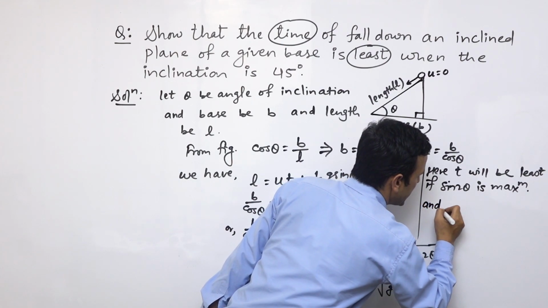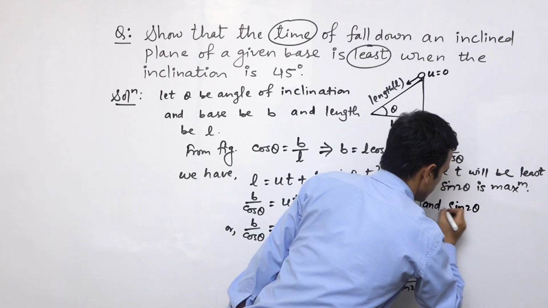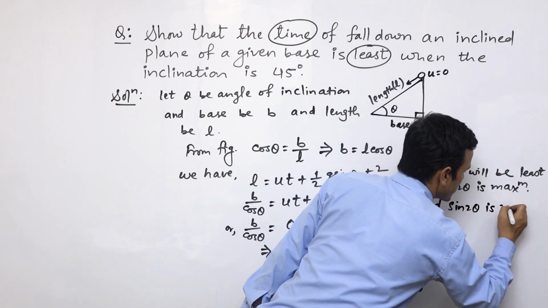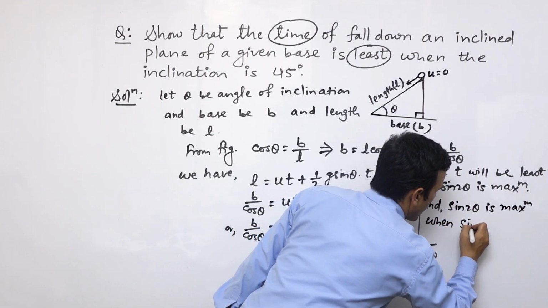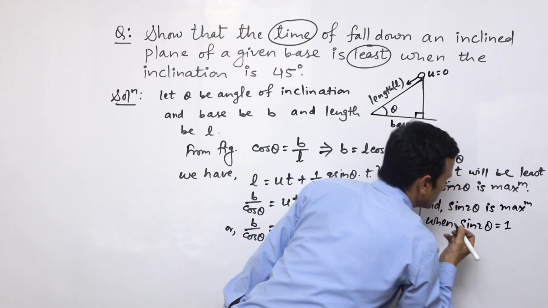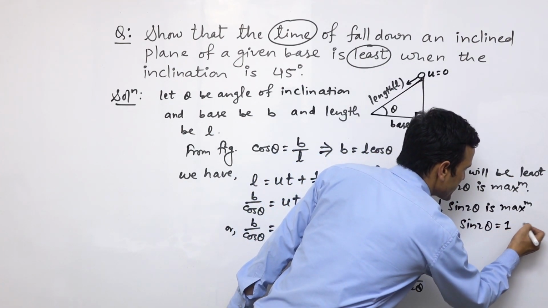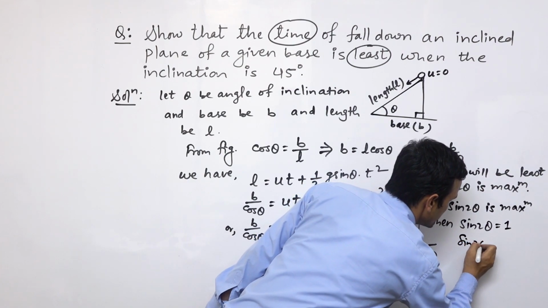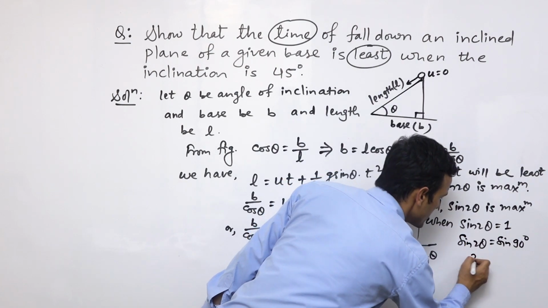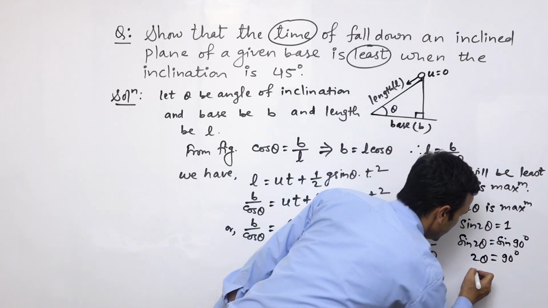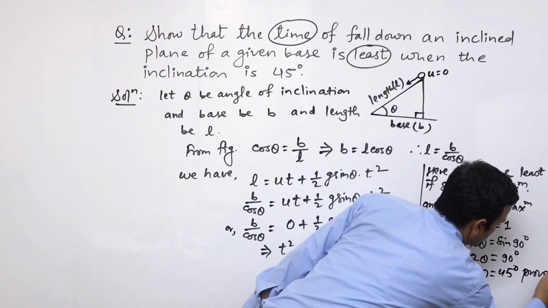Sin 2 theta is maximum when sin 2 theta is equal to 1. 1 means it is sin 90, so 2 theta is equal to 90 degree, therefore theta is equal to 45 degree, which is proved.